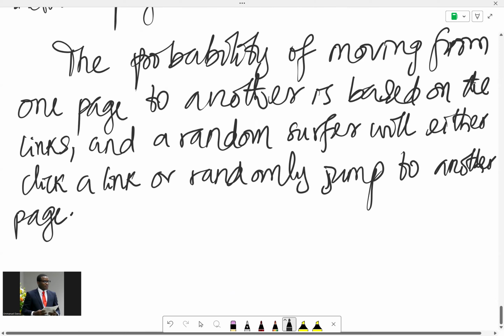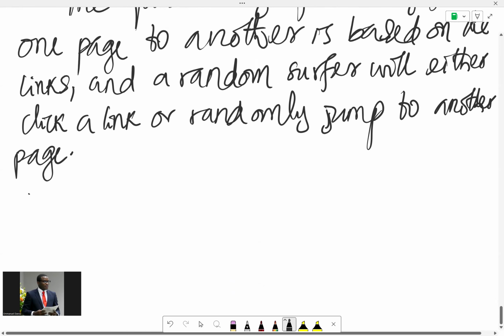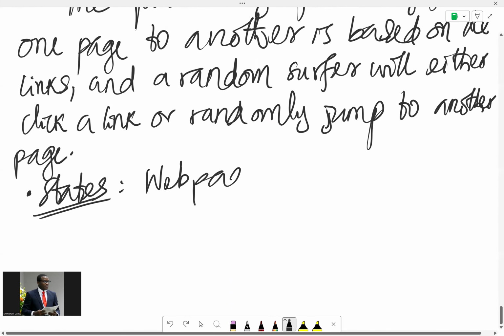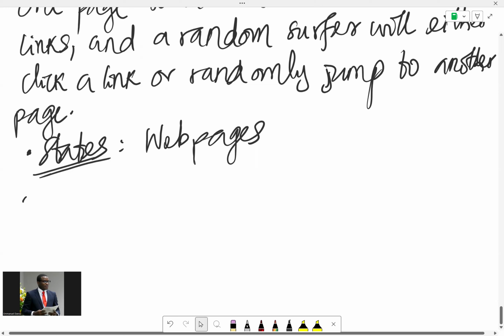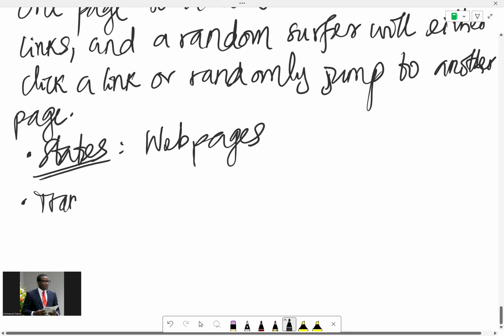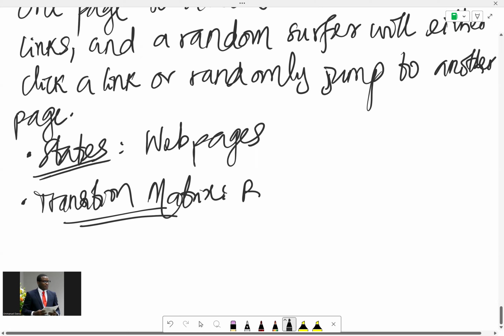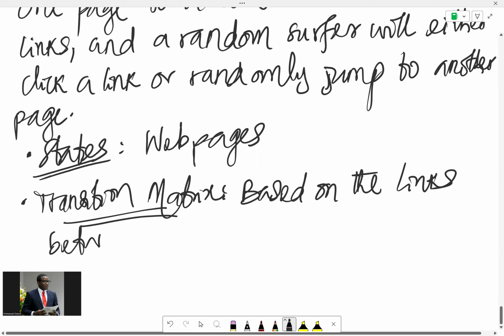So in this situation, we have the states. The states are basically the web pages. Then we have the transition matrix, which is based on the links between pages.